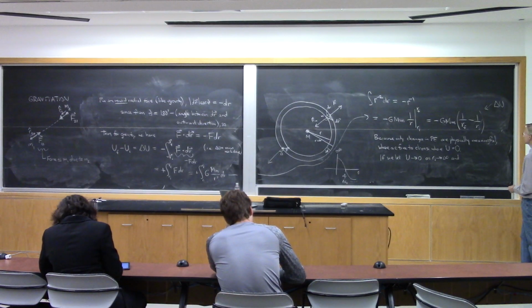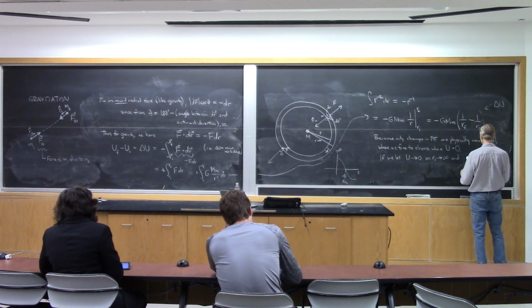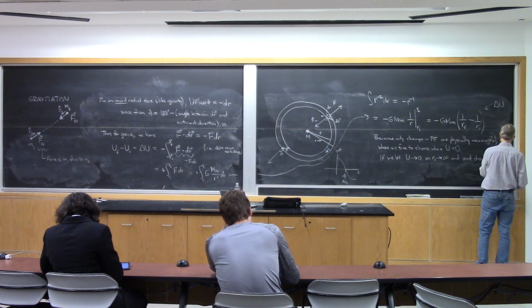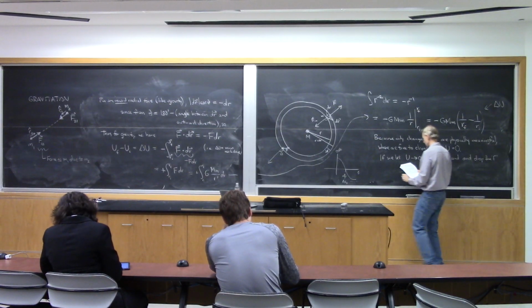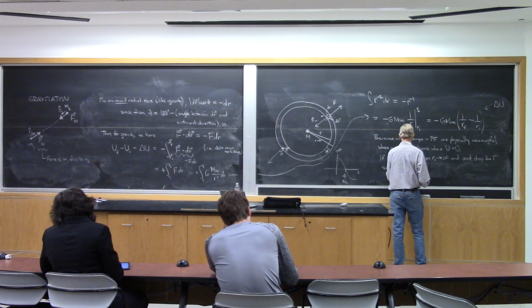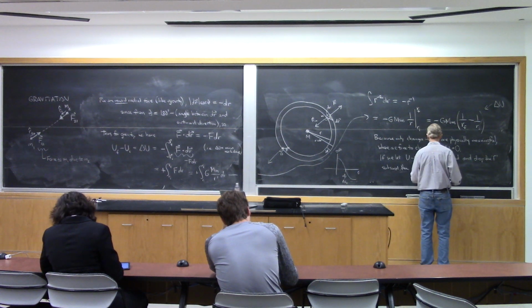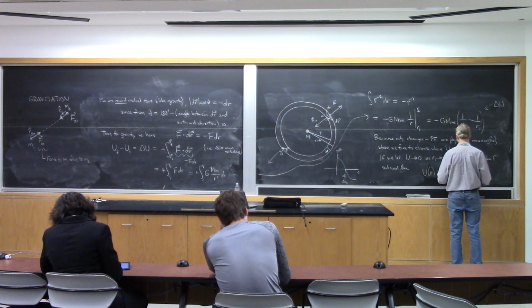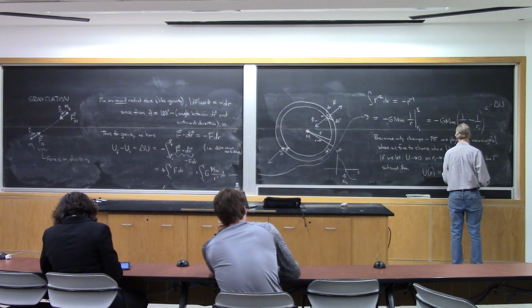Then we can write that U as a function of r for little m in the field of big M is minus G big M little m over r.